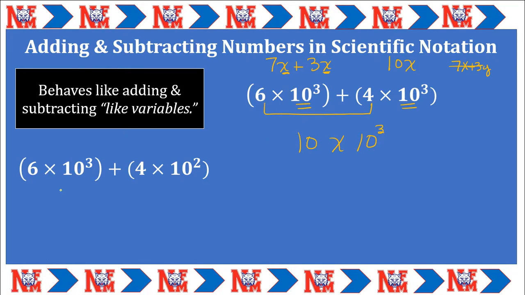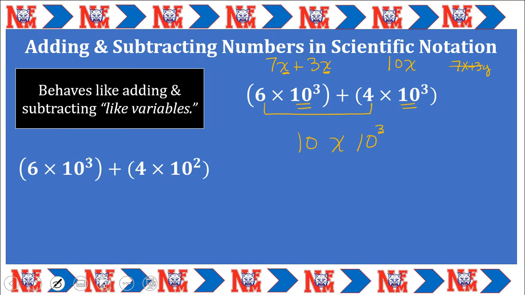Let's take a look at this example, and we notice this is 10 to the third plus 10 to the second. Those are not alike, so we need to make an adjustment. We can either make this exponent a 2, or we can make this exponent a 3. You just play around with it and decide which way you want to adjust. I'm going to make this an exponent of 2.